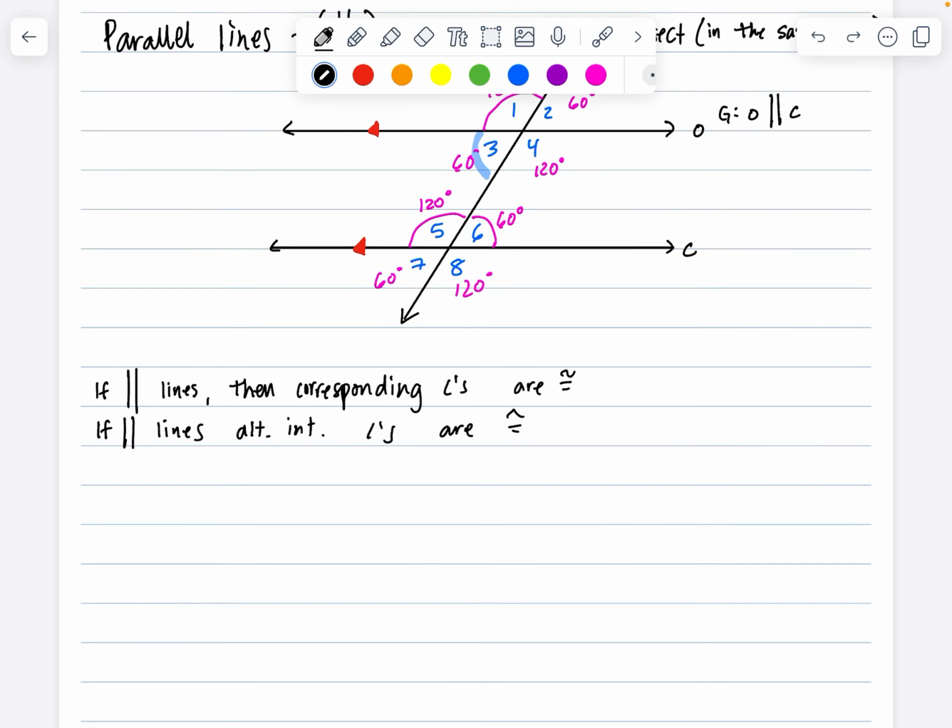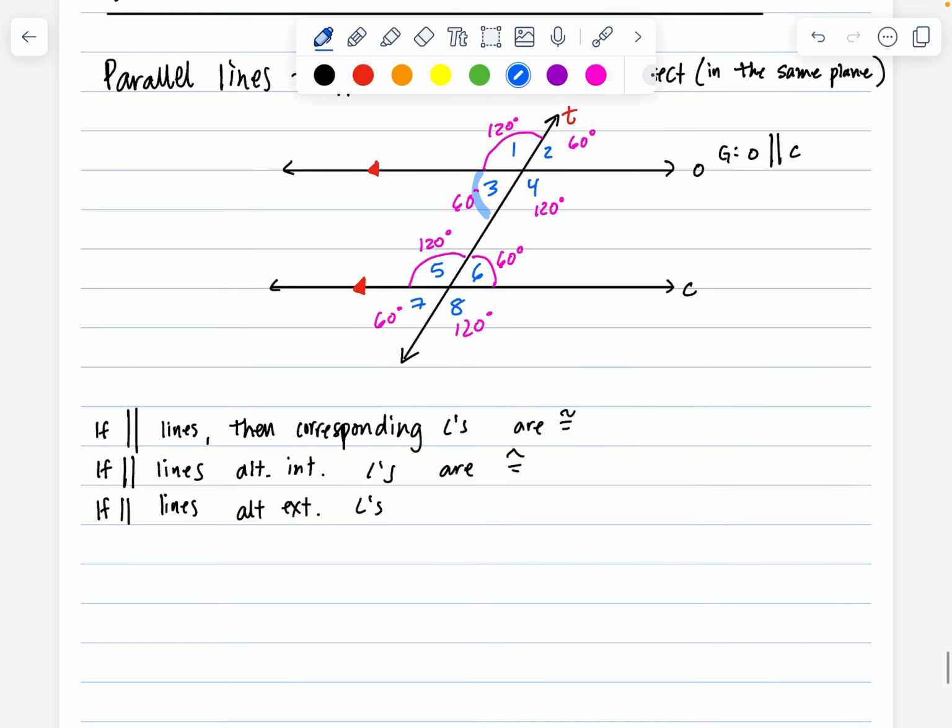Well, what about alternate exterior angles? If we have parallel lines, then alternate exterior angles are what? Well, let's take a look. Let's erase these first.